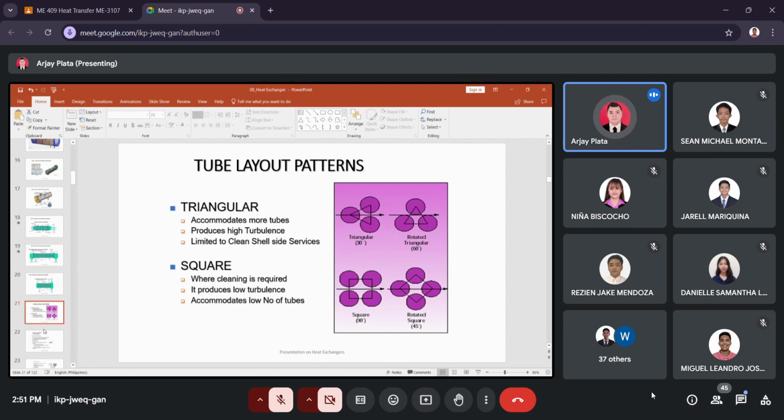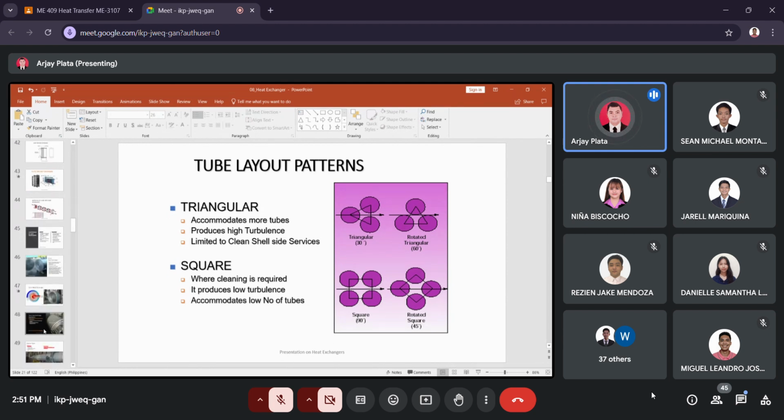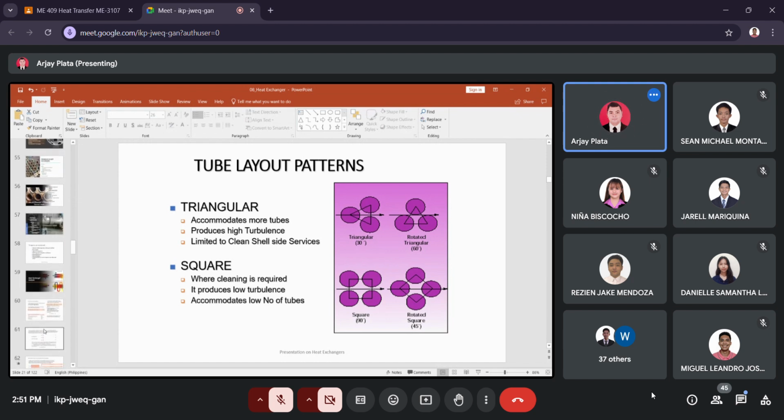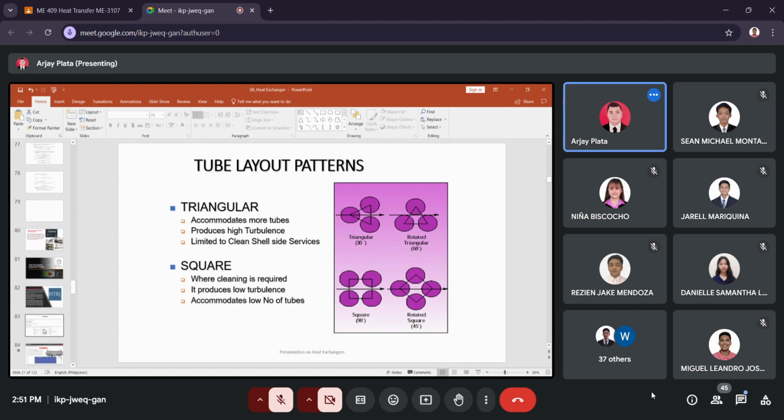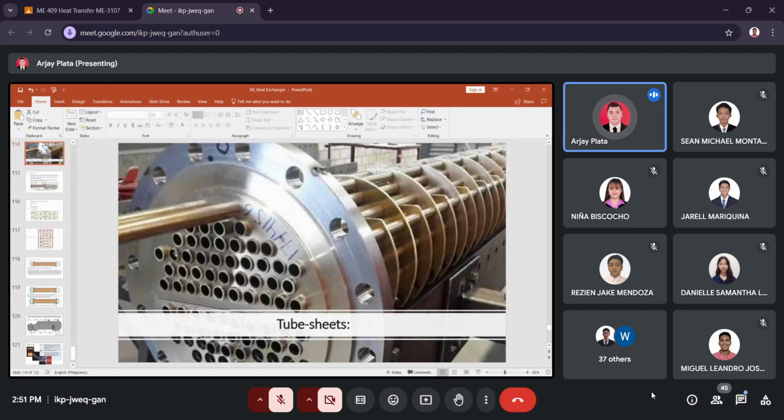So how about this one? I have some pictures here. What type of tube pattern is this? Let me show you some. What tube pattern? Anyone? So it's a rotated triangular, as you can see.